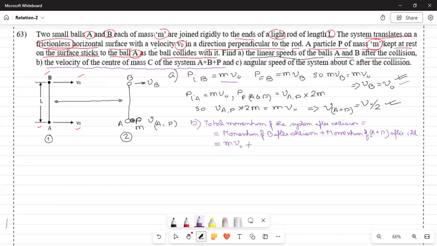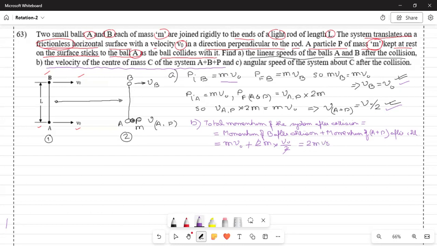And the momentum of A plus P after collision is 2m multiplied by the velocity of the two together, which we found to be V0 by 2. So here the 2 and 2 cancel, and it becomes m V0. The total momentum is therefore 2m V0.